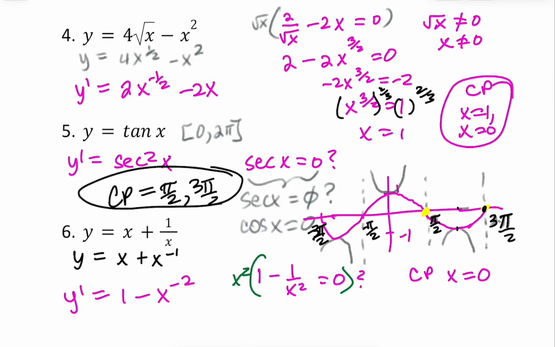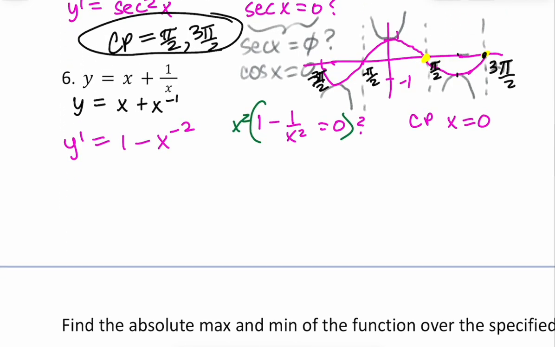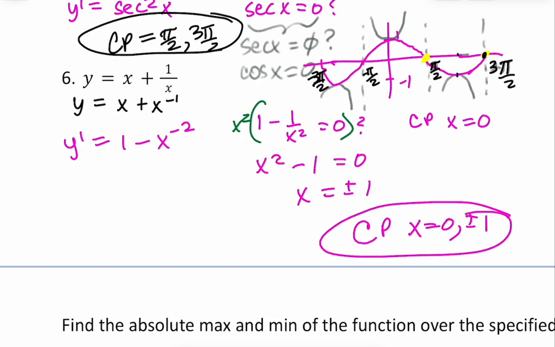Always multiply through by the least common denominator, and then you don't have to worry about fractions. But remember, that denominator cannot equal 0. And so we get x squared minus 1 equals 0. So x is plus or minus 1. So we have critical points when x is 0 and also at plus or minus 1.